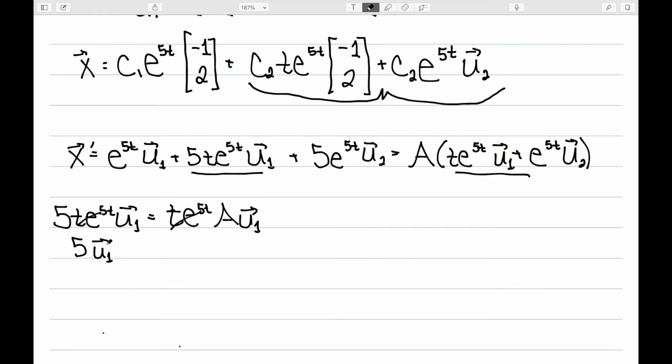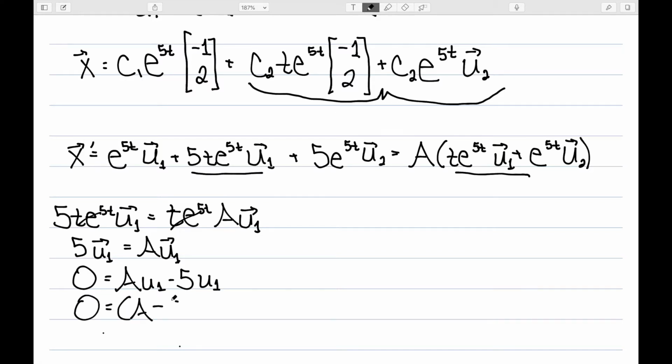I get 5u1 equal to Au1. Getting everything to one side, I have Au1 minus 5u1. And then factoring out, I have A minus 5I times u1, which is exactly what I had before. Exactly how I found u1. So just like before, this is not new helpful information.